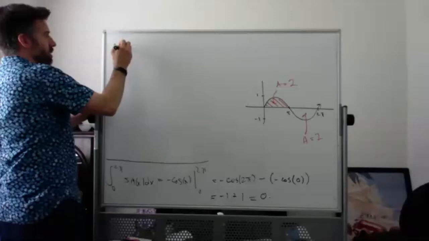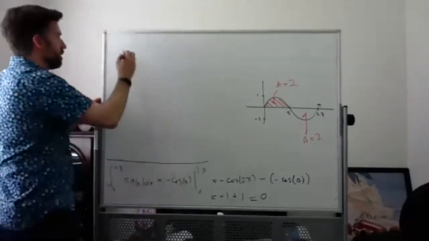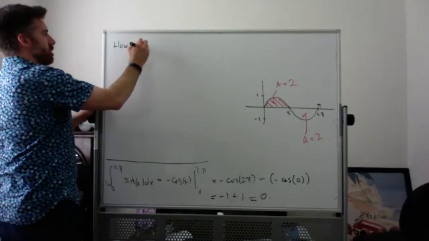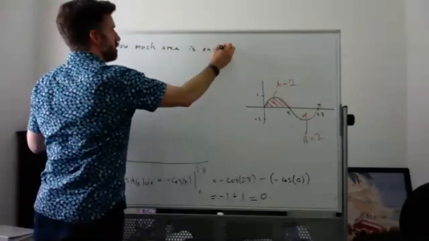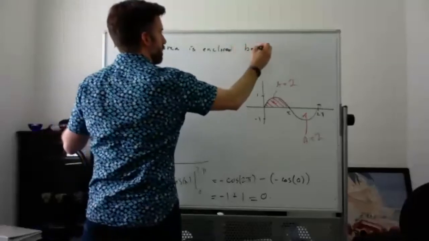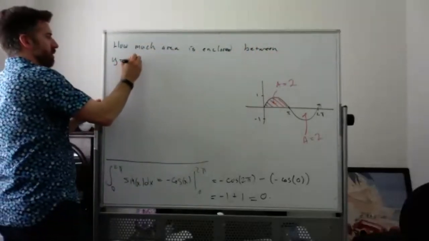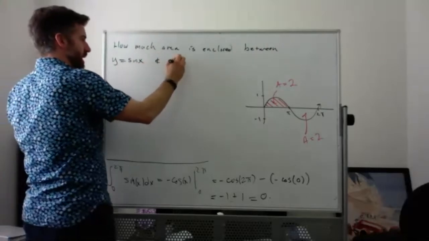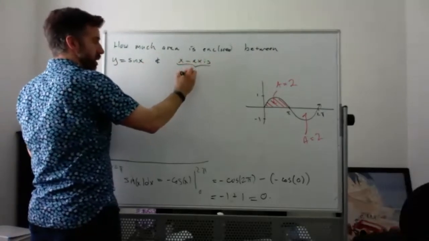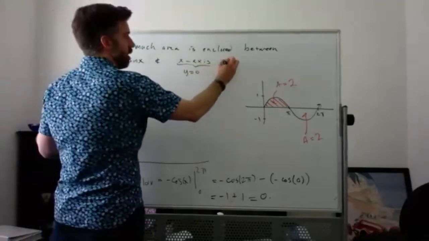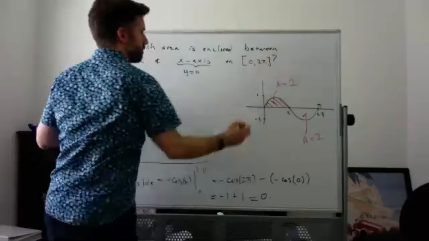I could say, how much area is enclosed between y equals sine of x and the x-axis, also known as the function y equals 0, on the interval from 0 to 2 pi?